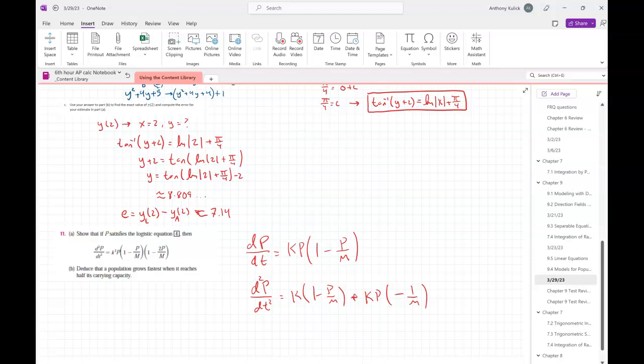P is the variable. Okay. And then, so K is. Oh, wait a minute, hold on. That's not right because we're differentiating with respect to t. Okay, hold on. That's not quite right. So I have K times 1 minus P over M dP dt plus KP times negative 1 over M dP dt. Sorry.